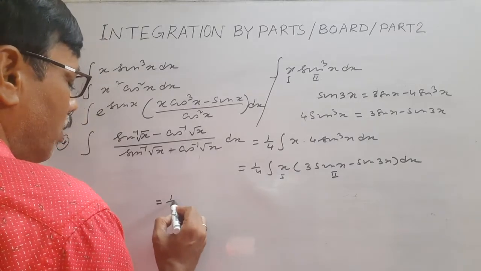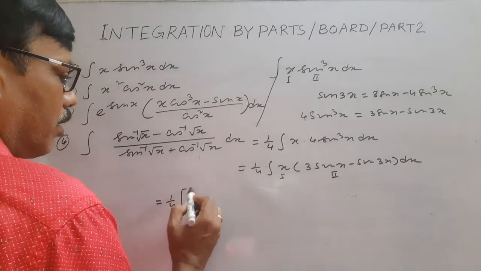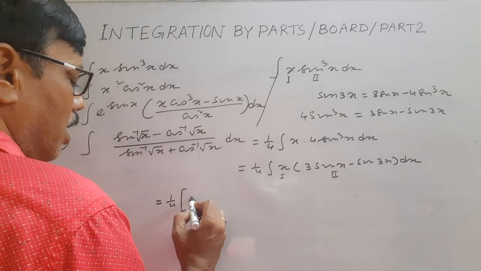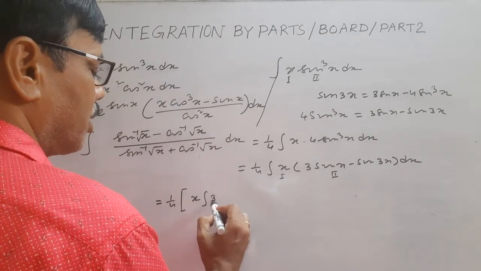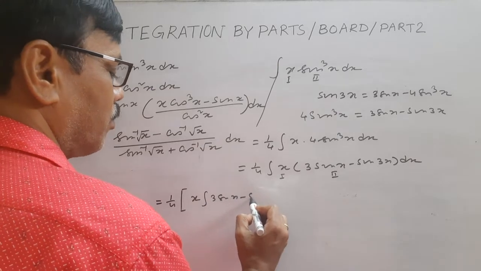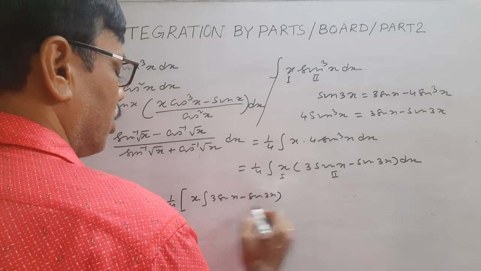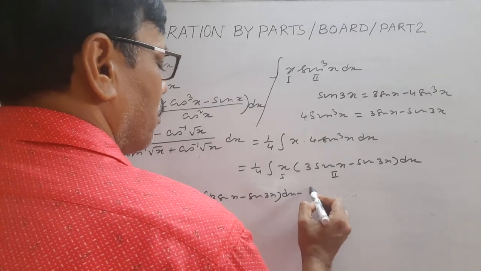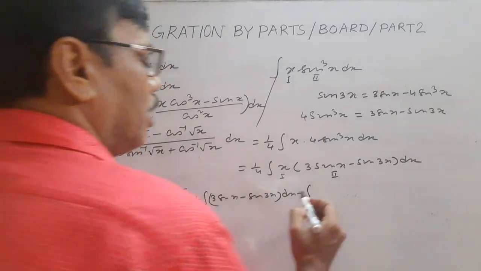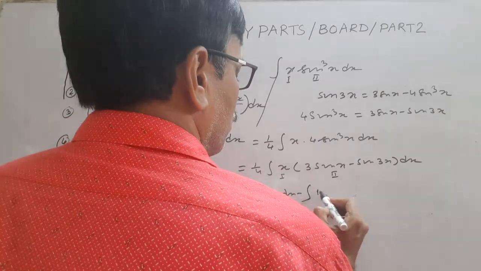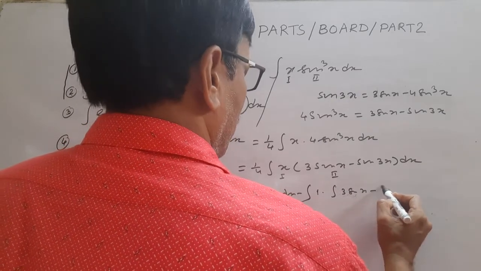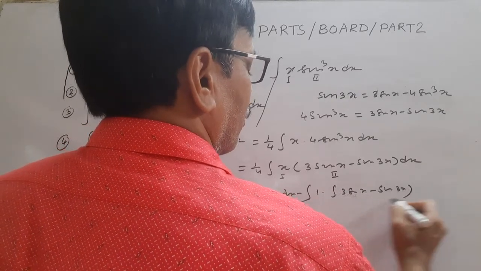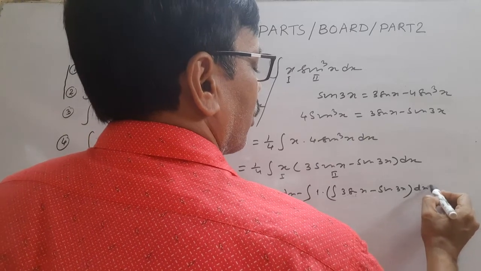So 1 by 4 third bracket, x unchanged, first function unchanged, integration of 3 sine x minus sine 3x dx minus d dx of x, that is 1, integration of 3 sine x minus sine 3x dx, total integration.